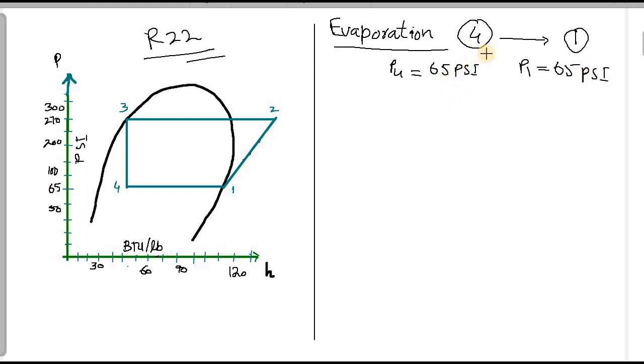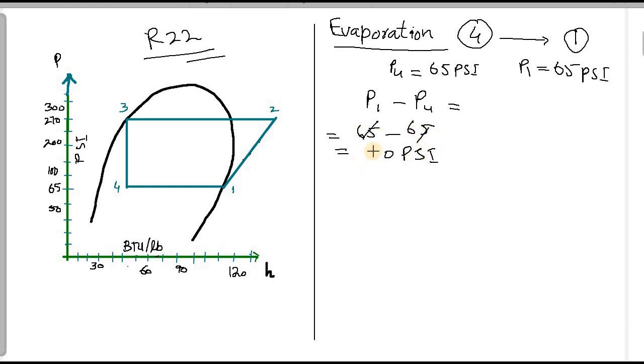Now, how can we calculate the difference between these points? We take P1 minus P4, and that will be the total change in pressure during the evaporation process. So P1 is equal to 65 minus P4, which is 65, and that will be equal to 0.